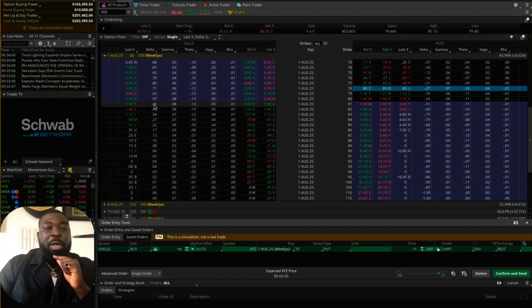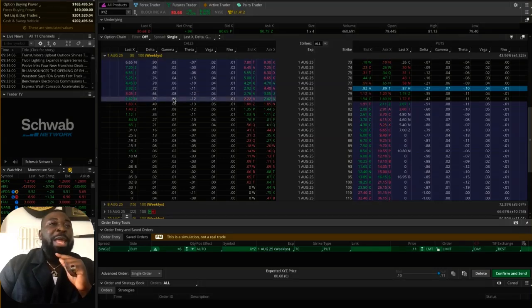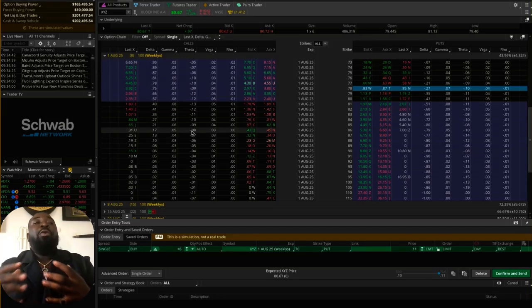So for example, this delta is 49, this one is 57. Why? The gamma is 8. Are you seeing that? Because the gamma is the increase in the delta as the price moves up in your favor. If I was on the put side, I'd be losing that delta and gamma. If I was on the call side, because the stock is going up, I'd be gaining that delta and gamma. So those are how the Greeks work.